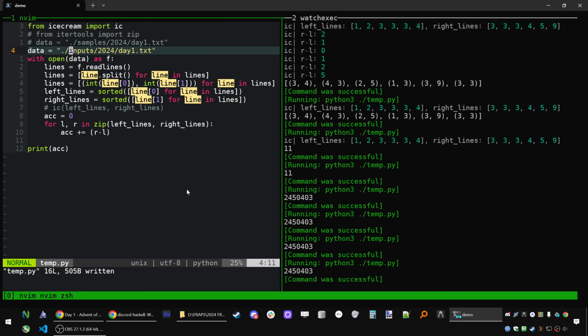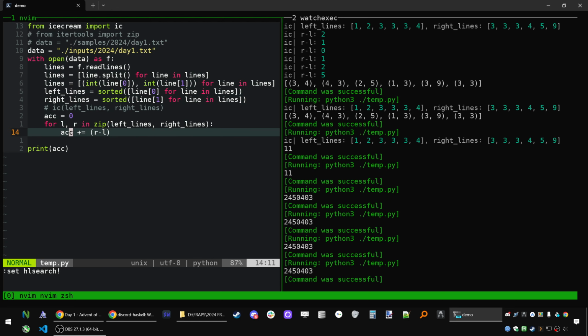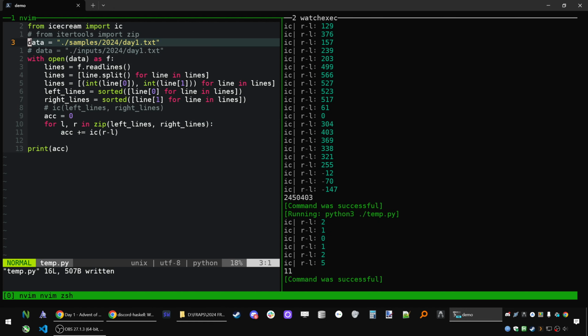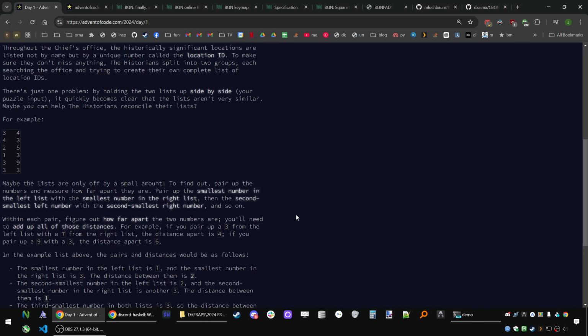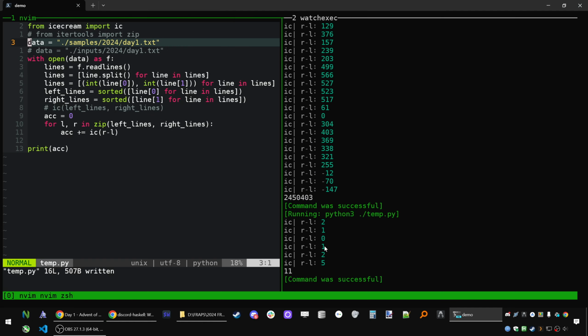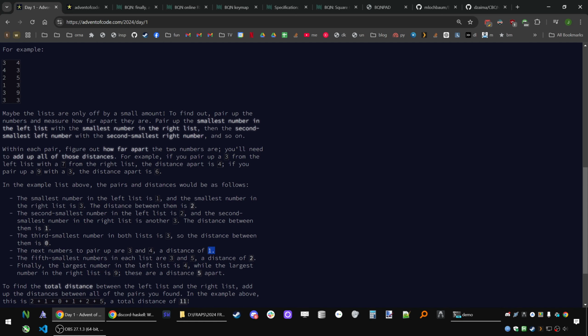Okay, I'm gonna read my Python again because it's easier to tell what the issue is with my Python than with BQN for me. I'm gonna look at this. We have our diff. Whoops. Okay, not this. For our sample, 11, which is the same, which is 2 1 0 1 2 5.